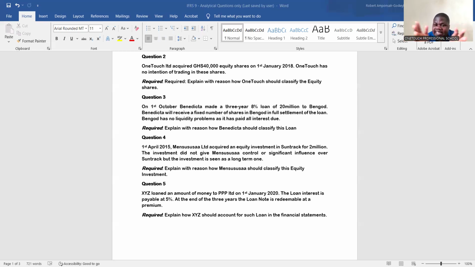So the default method is that once you buy shares, it's at fair value through what? Through profit or loss. And because it's equity shares, the default method is fair value through profit or loss. So it will normally be measured at fair value through profit or loss. Did you get it? Yes, sir.